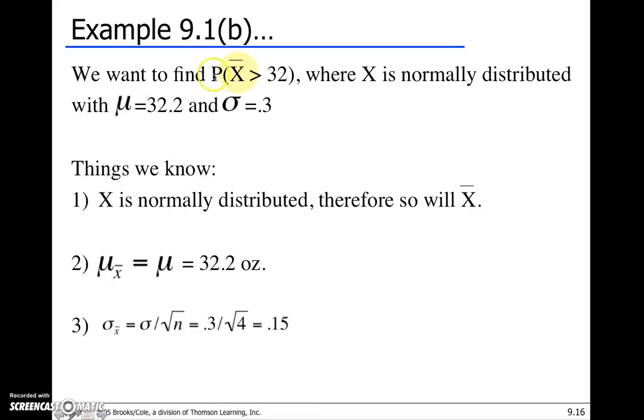You want to find the probability that x bar, the mean, is greater than 32 ounces, where mu is equal to 32.2 and sigma is equal to 0.3.